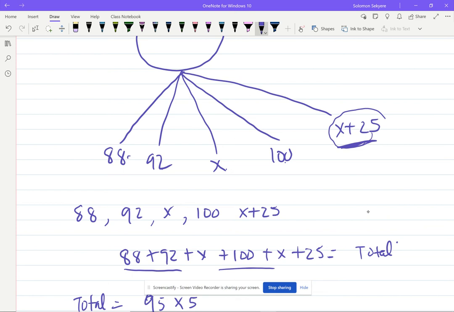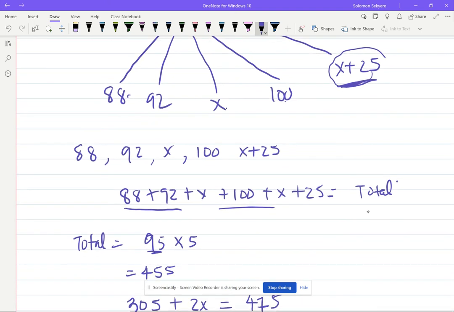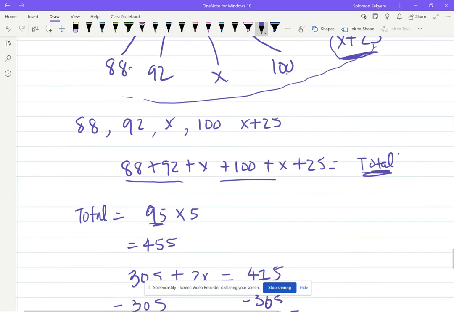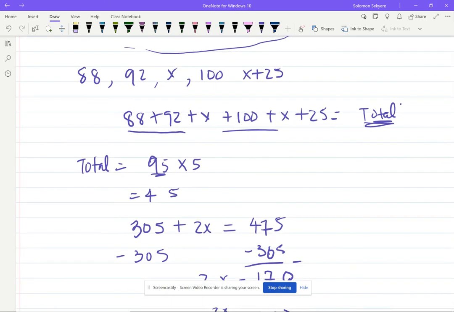So I have 1, 2, 3, 4, 5. So 5 legs. What do I do now? Okay, I need to add all my legs and it should be equal to the total, right? 475 should be equal to my total.